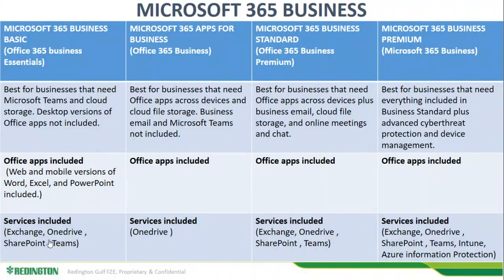Okay, so let's continue with the Microsoft 365 Apps for Business. This license only includes Office apps and does not include services or emails. So it is best for businesses that need Office apps across devices and cloud file storage. Business email and Microsoft Teams are not included.